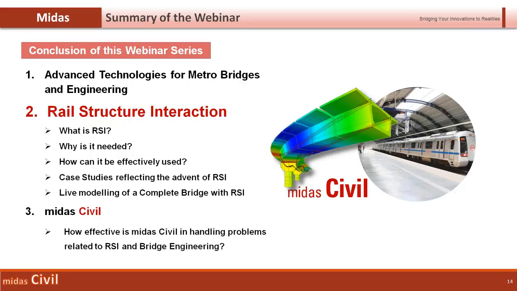Also we learned about rail structure interaction, what is RSI and why it is needed, how it can be effectively used, major case studies reflecting the advent of RSI, and live modeling of complete bridges with rail structure interaction. We also covered some effective measures in MIDAS Civil to handle such RSI problems in metro bridges, like balanced cantilever. Also we discussed balanced cantilever and integral bridges. So in a way this gives you a complete picture of metro rails.